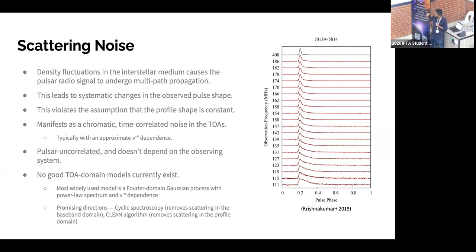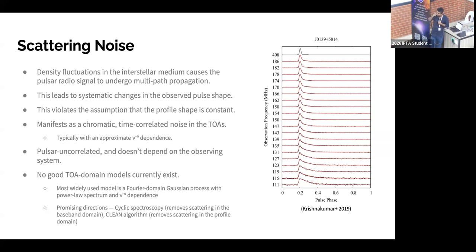There are people doing cyclic spectroscopy, which gets rid of this altogether in the baseband domain, which is the best thing we can do. And there are things like the CLEAN algorithm, which is taken from imaging, I think. This removes scattering in the profile domain. The CLEAN algorithm is less accurate, but if we don't have baseband data, then that's all we can do.